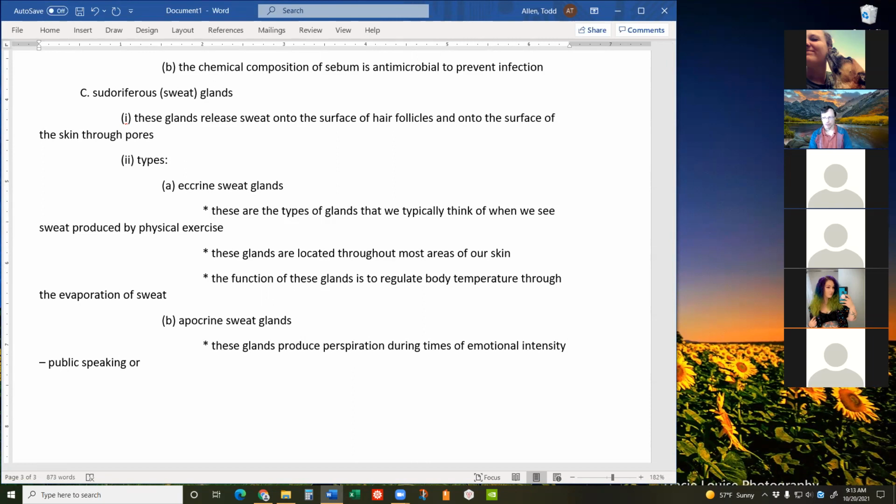I'm talking about being in a really fearful situation for your life. You might find yourself sweating because you are really emotionally involved in what's happening. You will also find apocrine sweat glands at work during sexual intercourse, an emotionally intense event. So if you sweat during sexual activity, predominantly that's going to be the apocrine sweat glands as well.